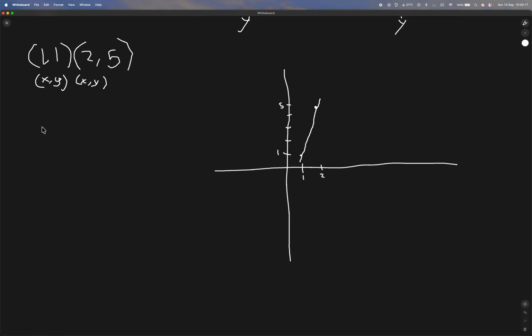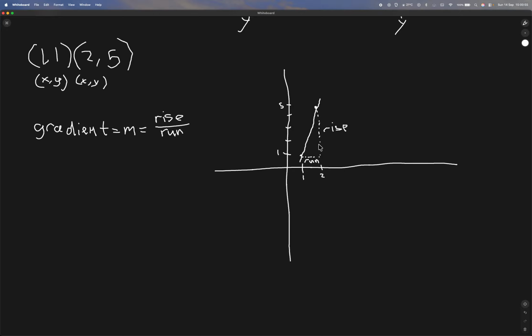So, gradient is equal to m is equal to rise over run. So now, this side here is the rise, this side here is the run.